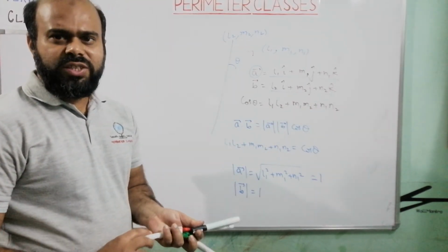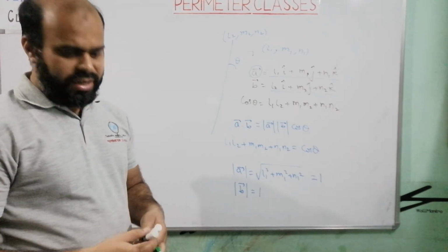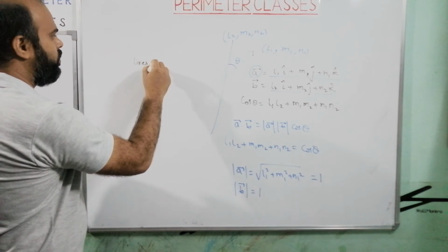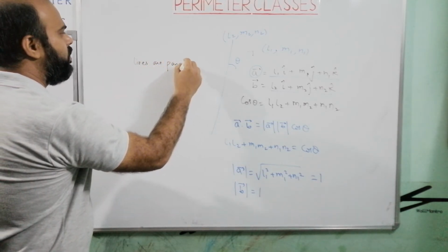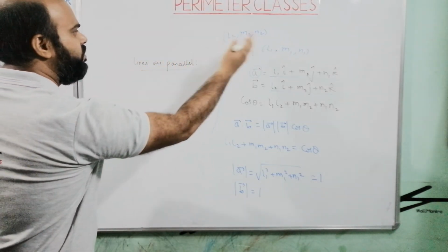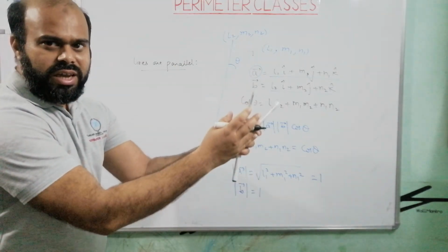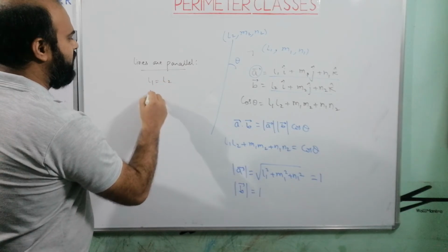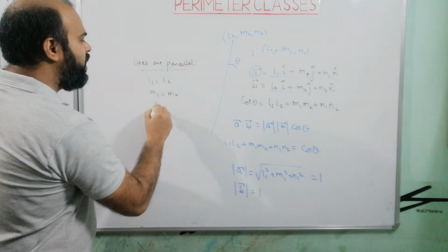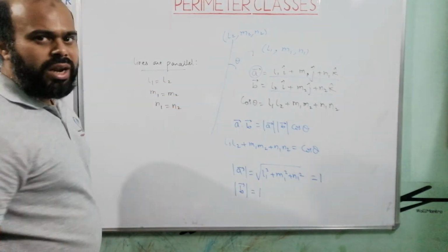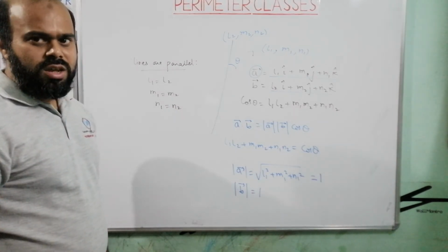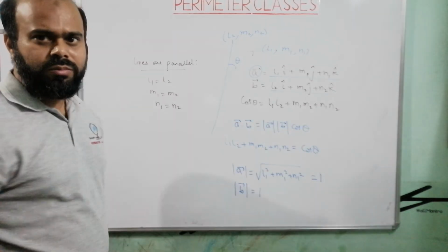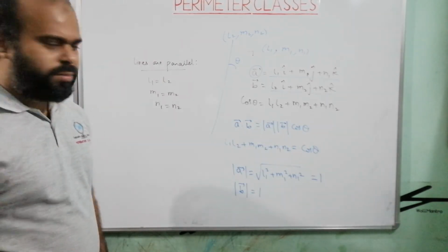Two cases which we generally discuss separately: if the lines are parallel, then what will happen? If these two lines are parallel, they are not intersecting, that means the direction cosines will obviously be equal. We don't have to take different direction cosines because all parallel lines will have the same direction, so their direction cosines will also be the same.